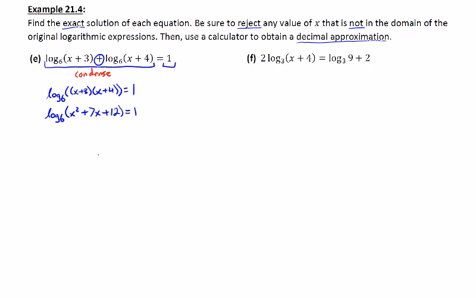And now I can use my definition for log exponential equivalency, and I can write this as 6 to the first power is equal to x squared plus 7x plus 12.